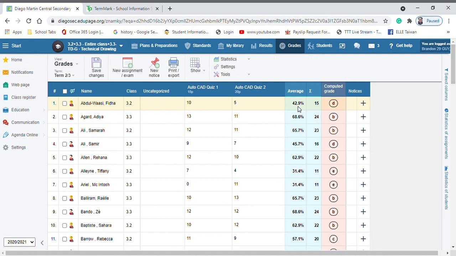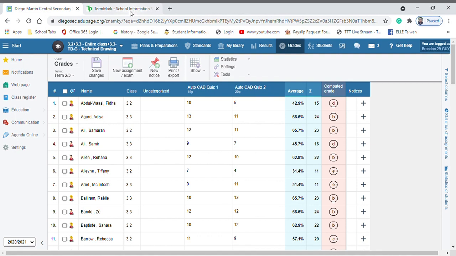Now this percentage would be used on our Termmarks site, okay, because the Termmarks is apparently accepting marks out of 100.